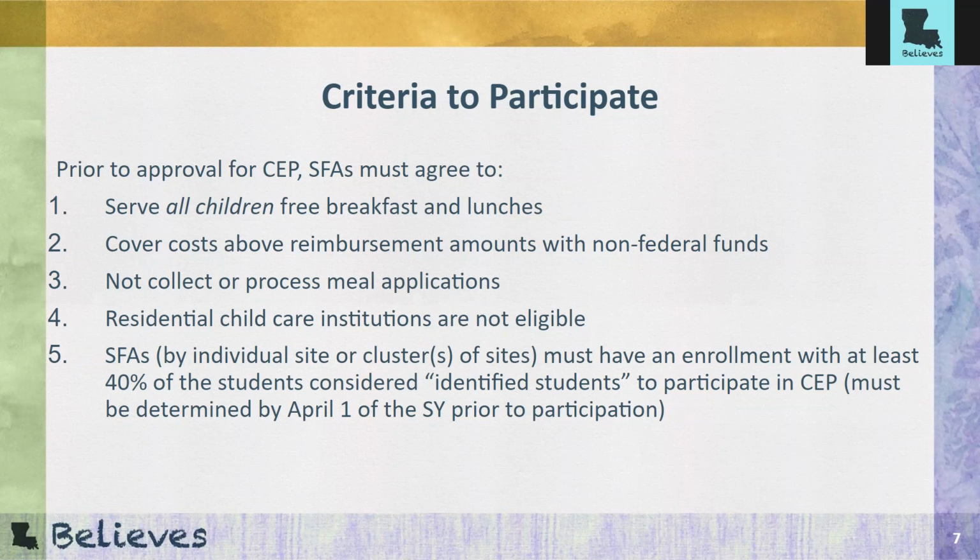And the SFA, either by sites or clusters of sites, must have an enrollment with at least 40% of the students considered identified students. The identified student count is usually determined as of April 1st of the school year prior to participation. So many of us are anxiously waiting for April 1st, which is Friday, knowing that that is the date that this information is usually pulled.